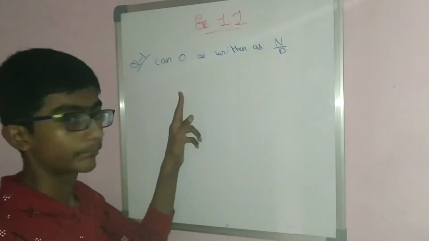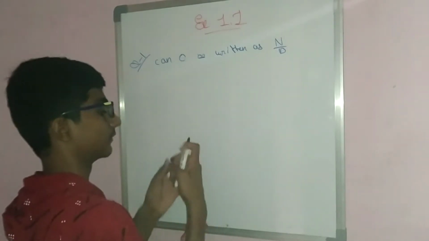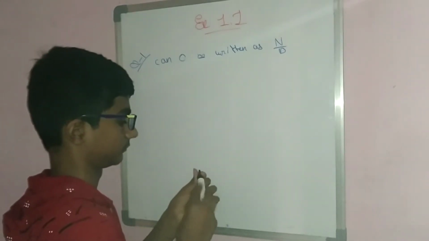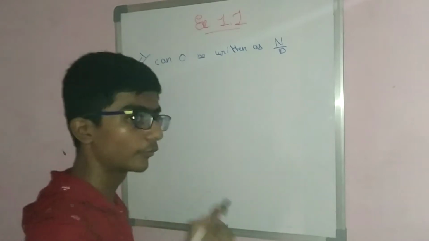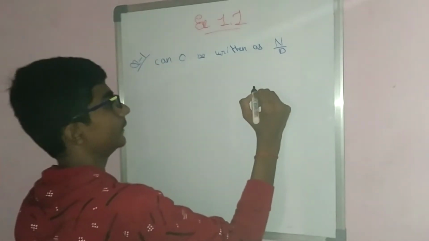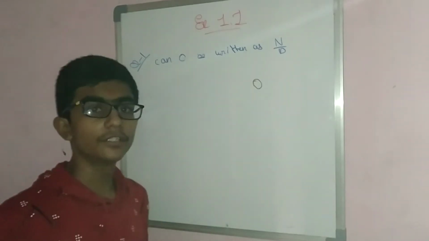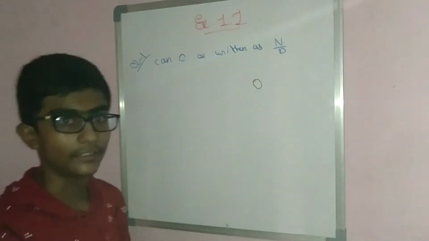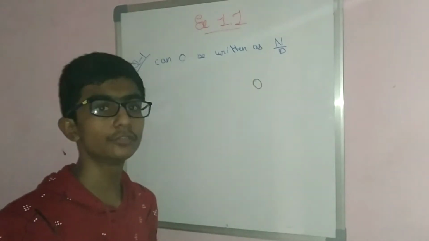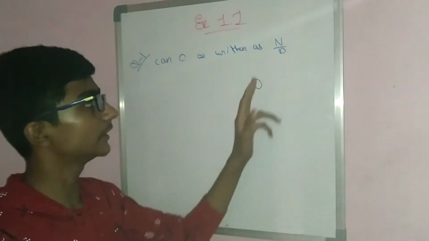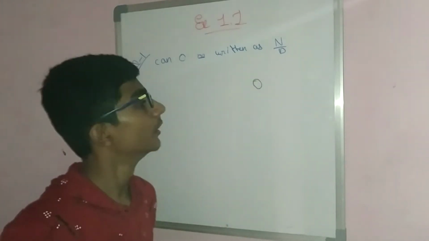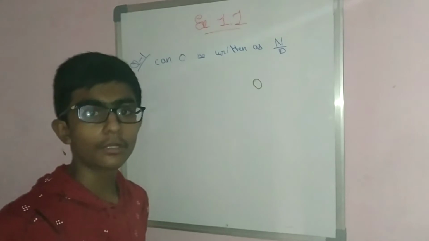Here we take 0. Can it be written as n upon d? In the question it's given p upon q, but for simple understanding I have taken it as n upon d. So can 0 be written as numerator upon denominator?